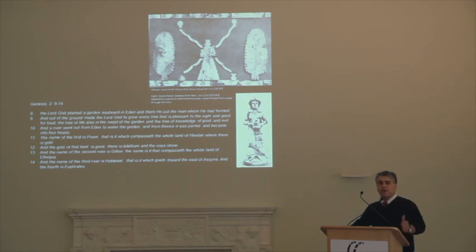But talking about Mesopotamia, as you know, the only real garden that we have information about is the Hanging Gardens of Babylon, which was described by some Greek writers. Other than that, we don't have much evidence.